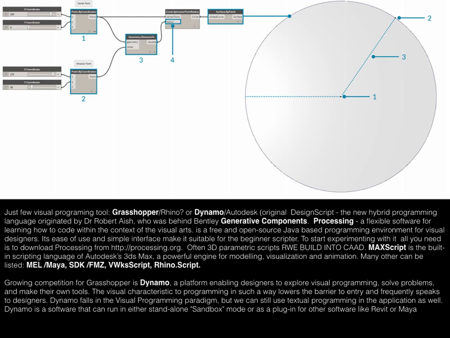There's MEL in Maya, quite simple to use, as well as SDK, FormZ, script in Vectorworks, and RhinoScript as well. So Dynamo is important because it is also a standalone program, and I think it's already connected to Rhino and Maya as well.